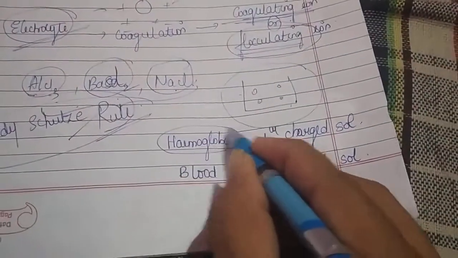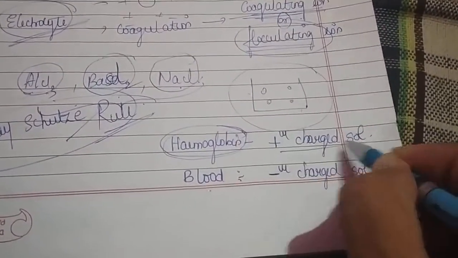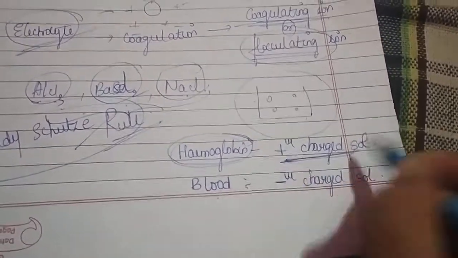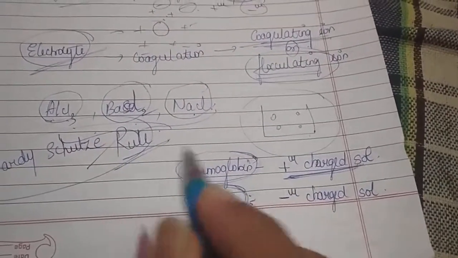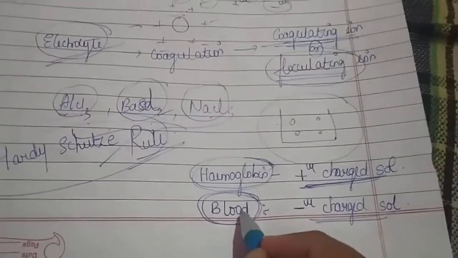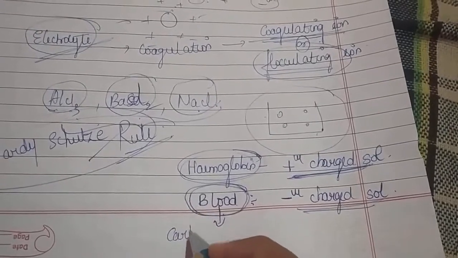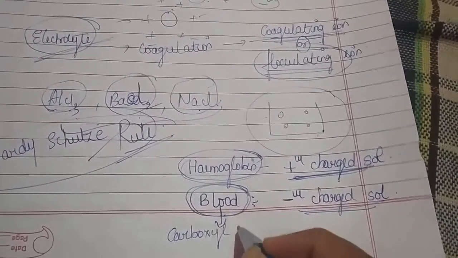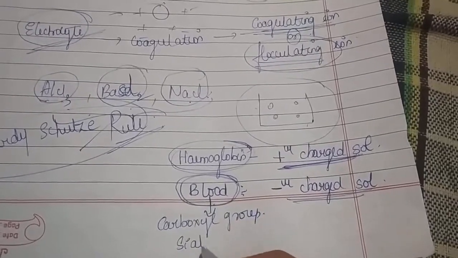Hemoglobin content, that is an example of a positively charged salt. Whereas when we are considering just the blood, it is a negatively charged salt. Here the blood is negatively charged because of the presence of a carboxyl group, COO minus, of sialic acid, which is present on the red blood cells.